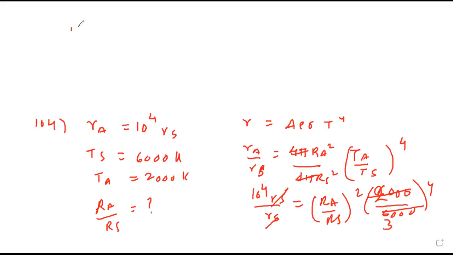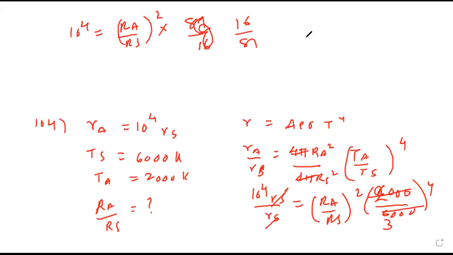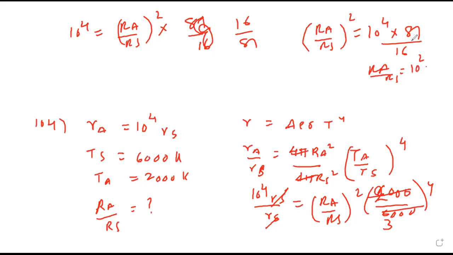So 10 raised to 4 equals RA upon R of sun square into 3 raised to 4 upon 2 raised to 4, that is 81 upon 16. Taking the square root, RA upon R of sun is 10 raised to 2 into 9 by 4.